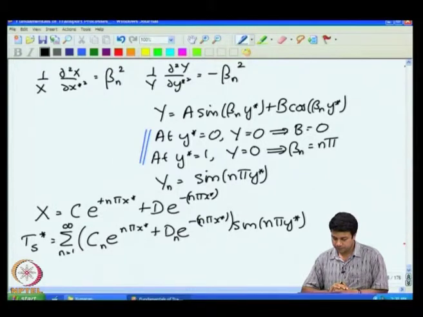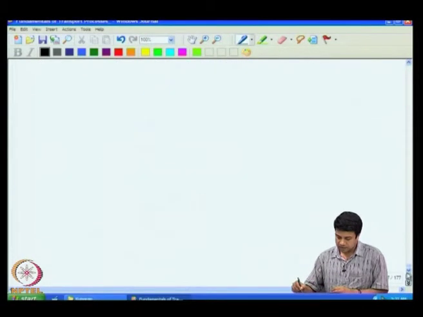We have enforced boundary conditions in the y direction, we have not yet enforced boundary conditions in the x direction. What are the boundary conditions in the x direction?